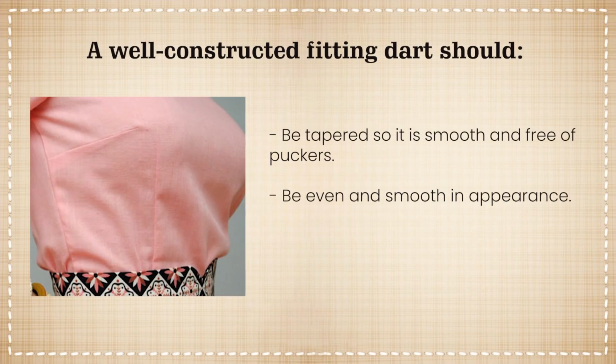Another thing that we have to remember is that a well-constructed dart should be tapered so that it is smooth and free from unsightly puckerings. It should be even and smooth in appearance.